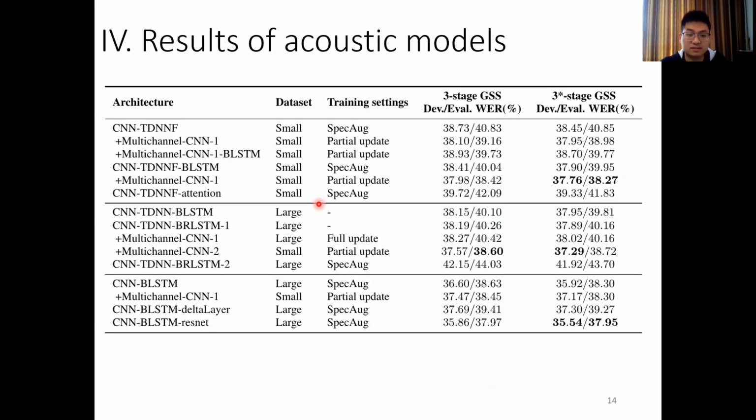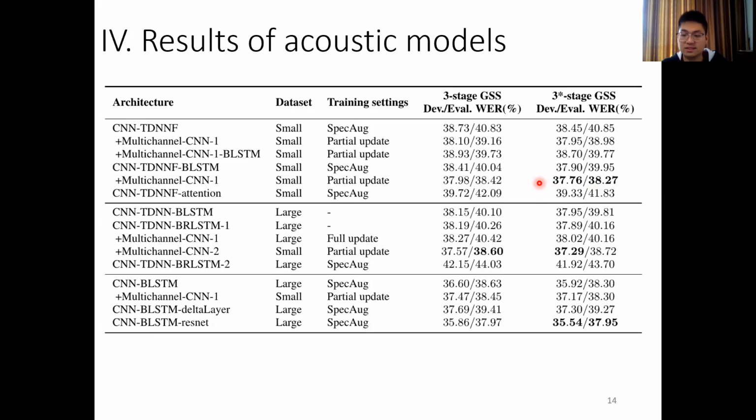This table lists all the acoustic models we have trained, with different settings. Some use small datasets, some use the large dataset, and for some the multi-channel branch was trained with partial update rules, and some with full update. As you can see, in each type of acoustic model, the multi-channel models usually outperform the single-channel ones.